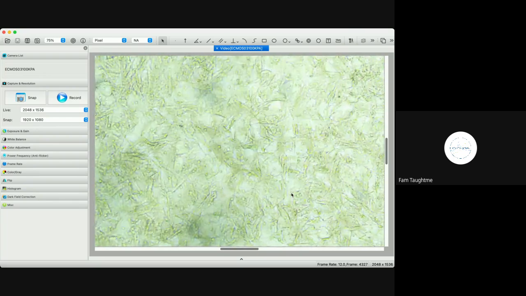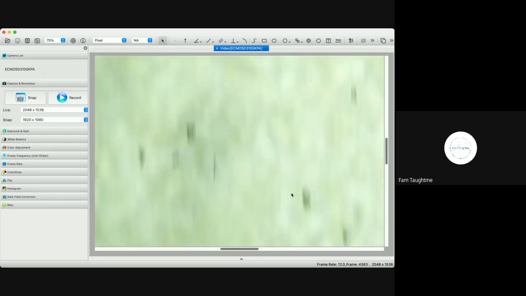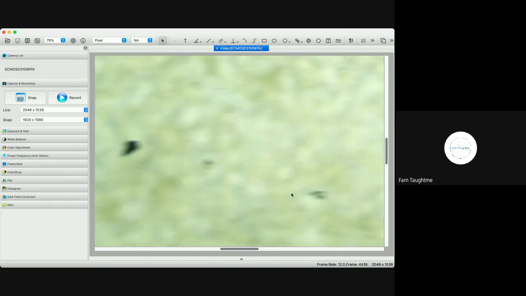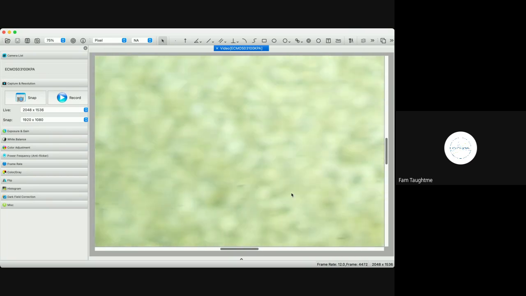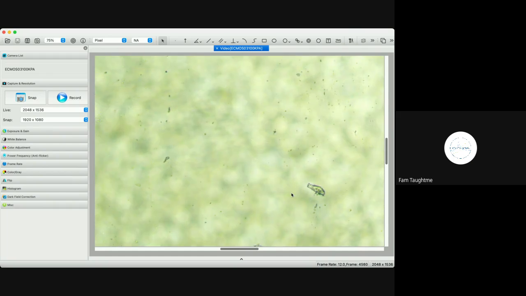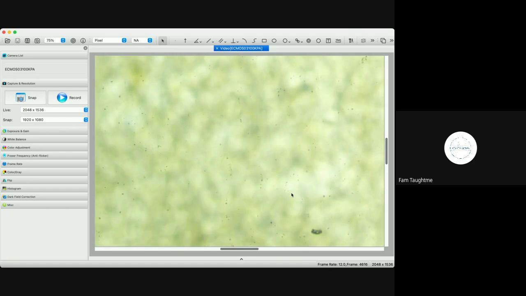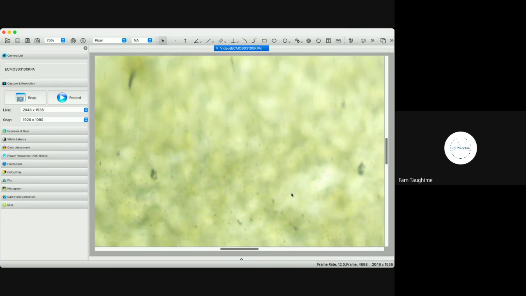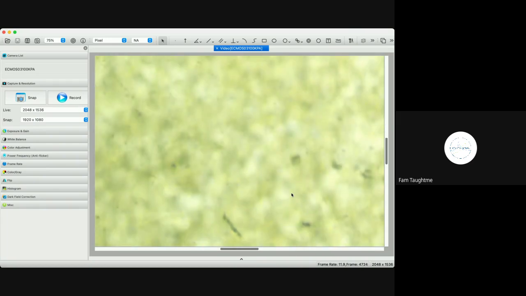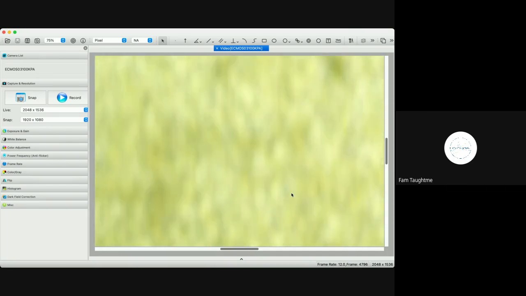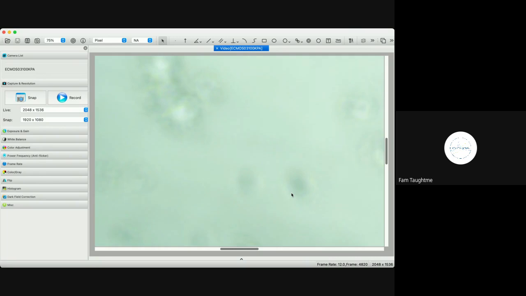This is more cells. So yeah, this is a pretty empty slide. It's actually a lot of physical fluid. I noticed I had a good amount of physical fluid there, but I don't see a lot of ferns in here. Over to the edge over here.